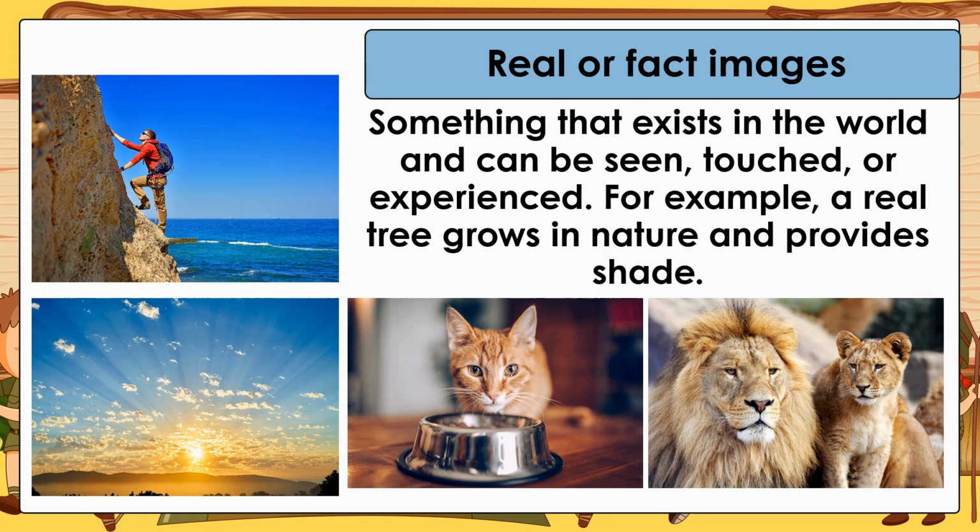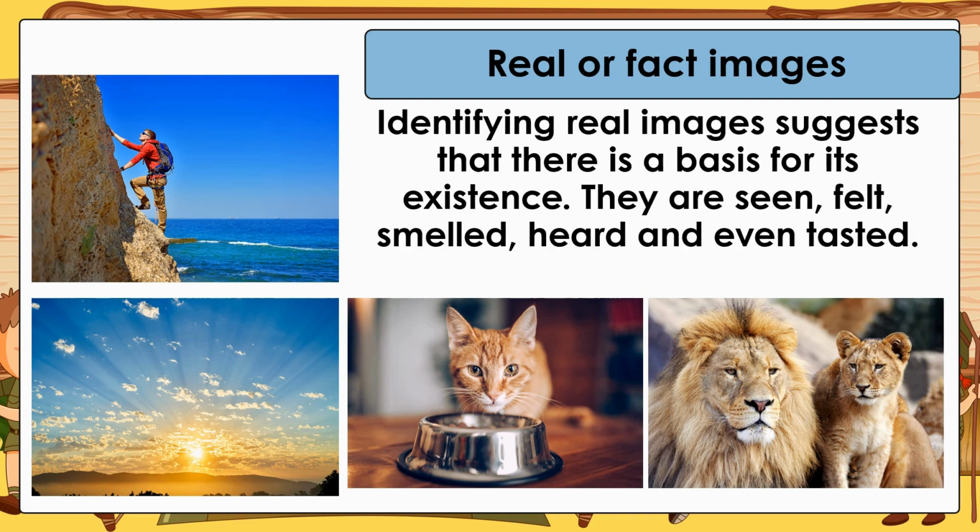For example, a real tree grows in nature and provides shade. Identifying real images suggests that there is a basis for its existence. They are seen, felt, smelled, heard, and even tasted.